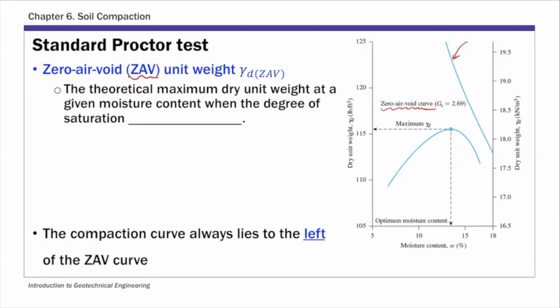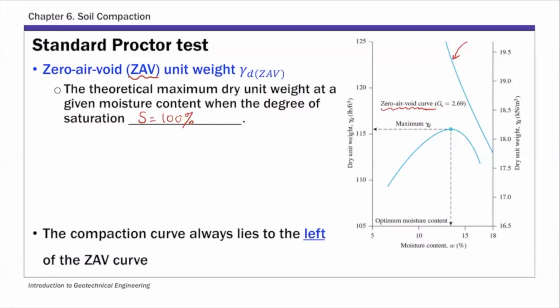So this is basically a theoretical bound, an upper limit of the dry unit weight. This is the theoretical maximum dry unit weight at a given moisture content that corresponds to a degree of saturation of 100%. So that's the theoretical maximum dry unit weight you can get for a given moisture content.